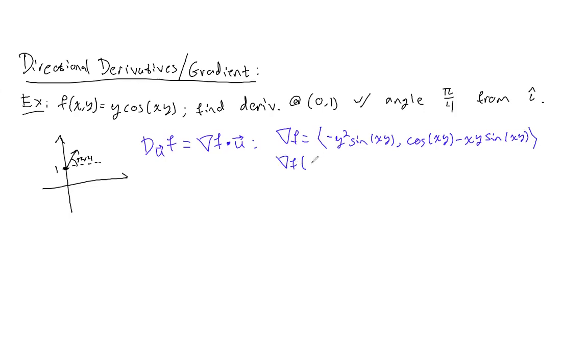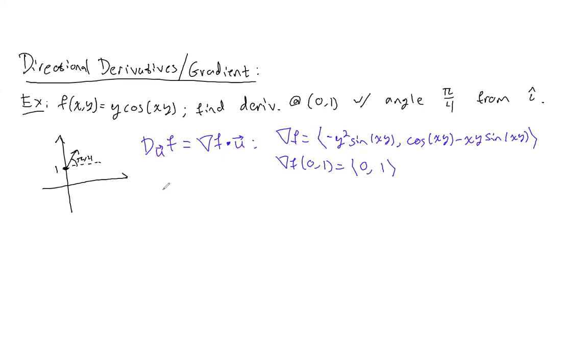Which means in particular that the gradient at the point (0, 1) is given by (0, 1), because sine of 0 is 0, and cosine of 0 is 1, so yeah, that looks right.